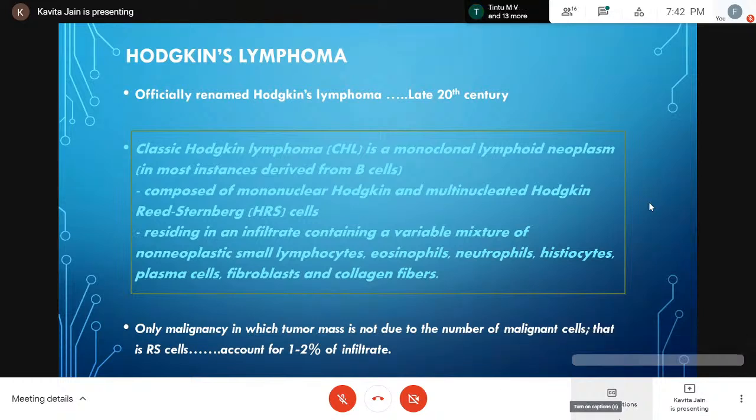They account for just 1 to 2% of the infiltrate, or in some very small biopsies may be just 0.1%, 0.1 to 10% they say in the literature.